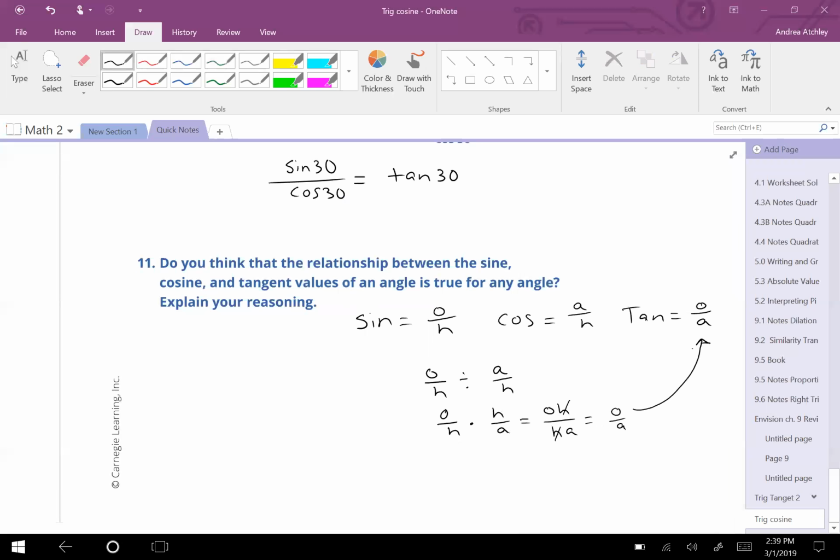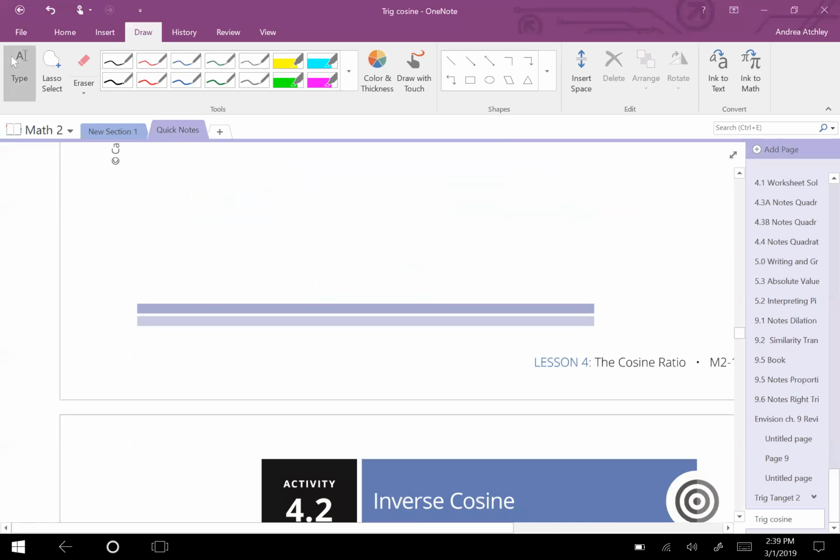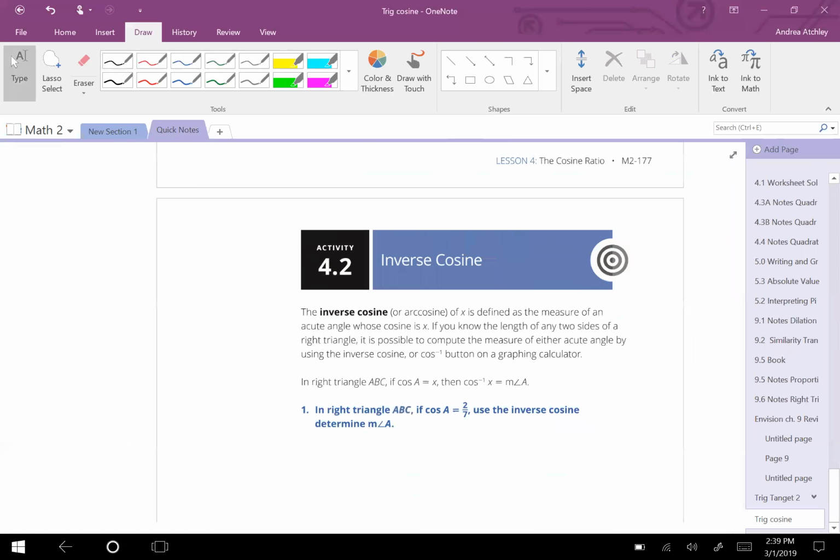Does that make sense? So this will always be true. Any questions over that? We're good? Okay, next one. Inverse cosine.